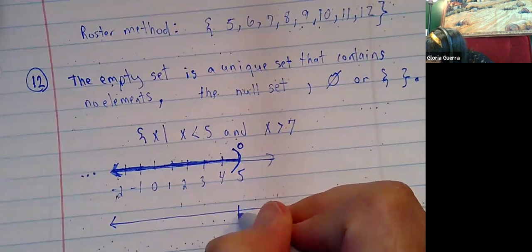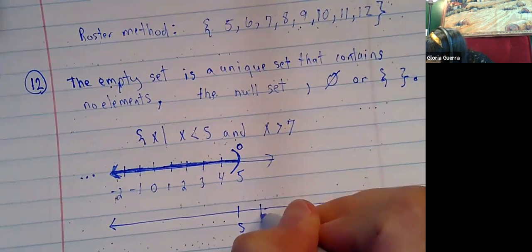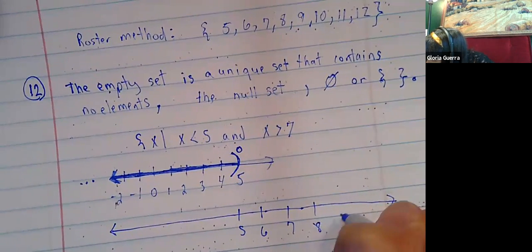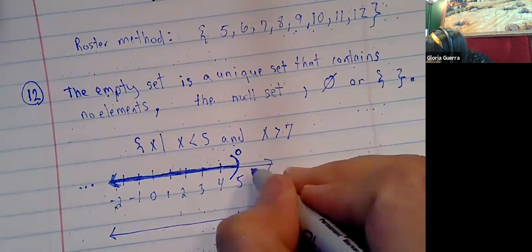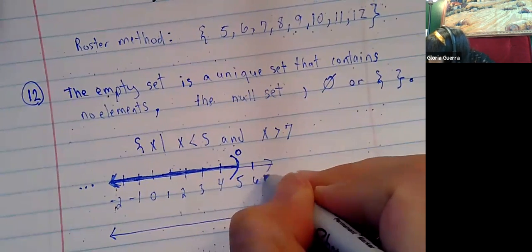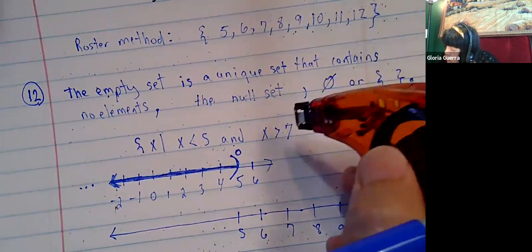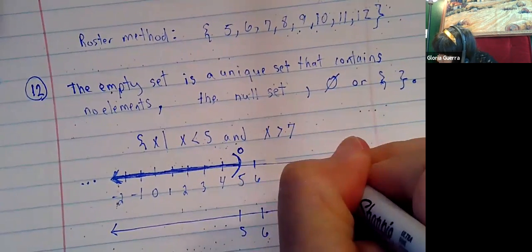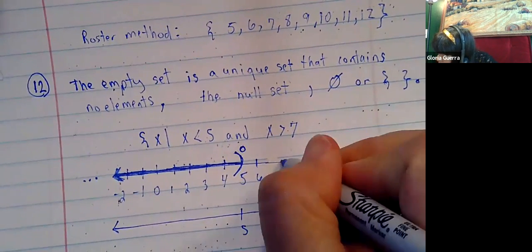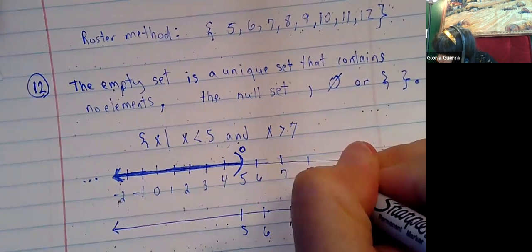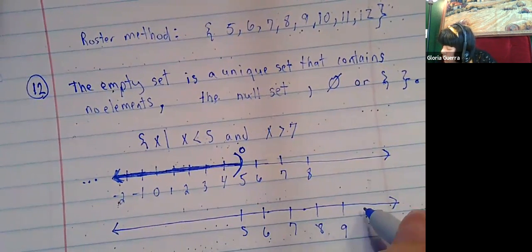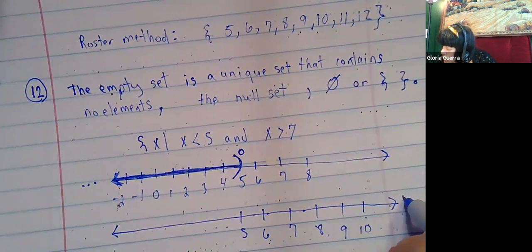We have 5, 6, 7, 8, 9. So 7, 8, 9, 10, and then it's dot, dot, dot.